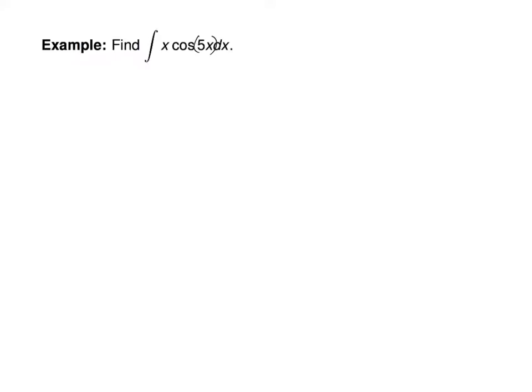So to use that formula, which is the integral of u dv equals uv minus the integral of v du, you take your original integral and you identify one function that is u and one function that is dv. And usually you choose u to be the thing that when you take its derivative, it goes away.